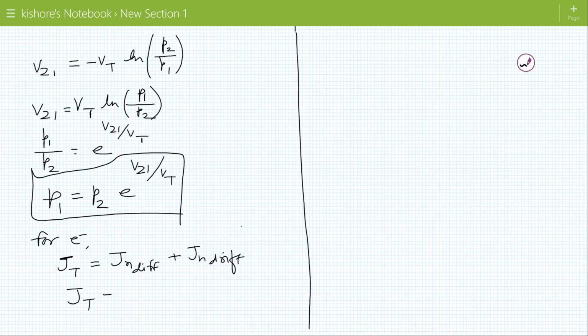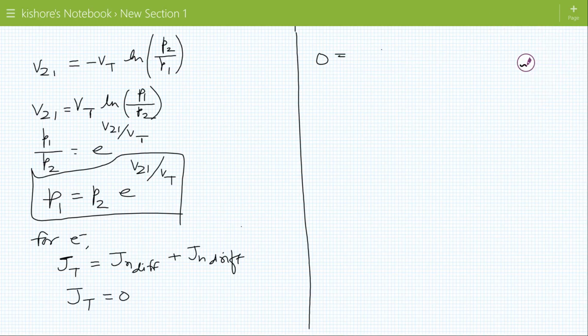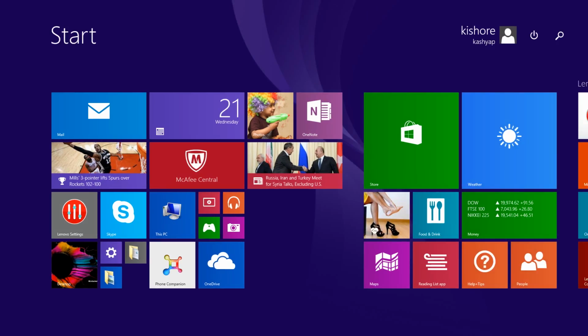Total current density is 0 because there is no external connection, and electron diffusion current is q Dn dn by dx plus electron drift current.